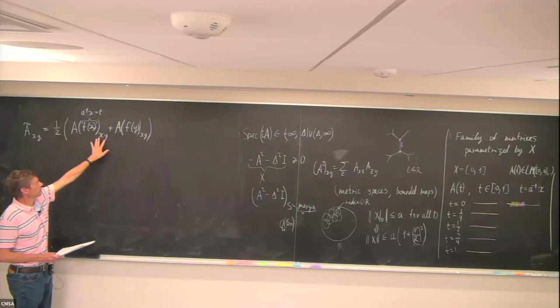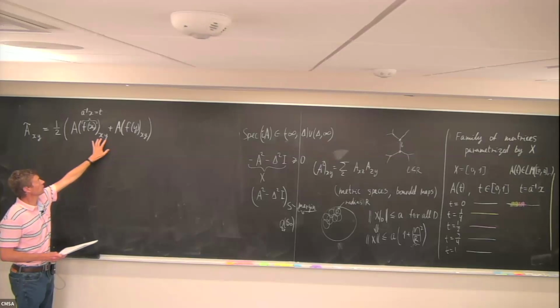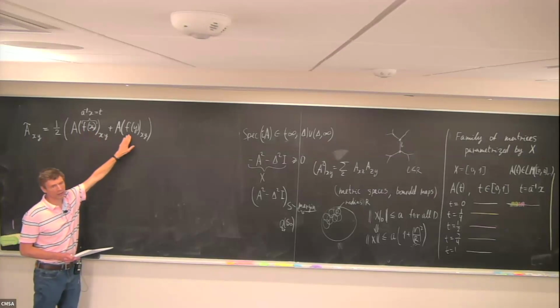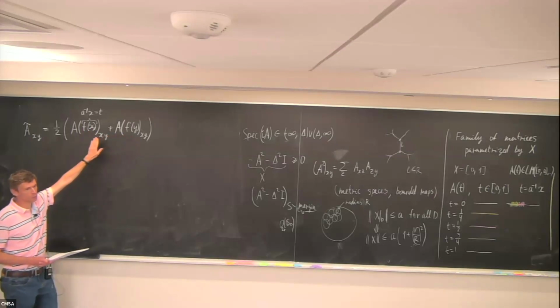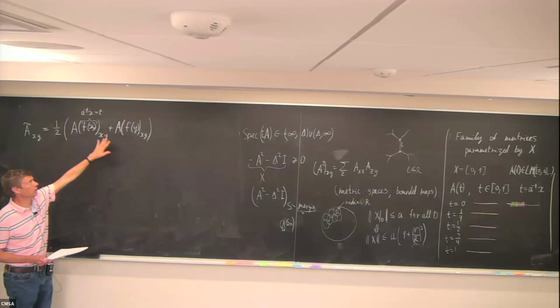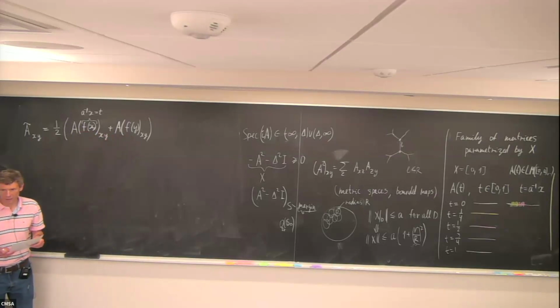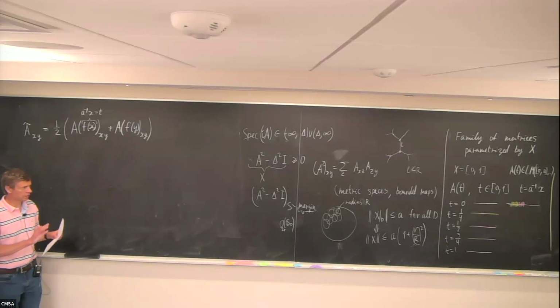And since these points are close to each other, it almost makes no difference whether we use f of x and f of y. But since we want the matrix to be exactly antisymmetric, I used both. So this is what I call spatial interpolation.